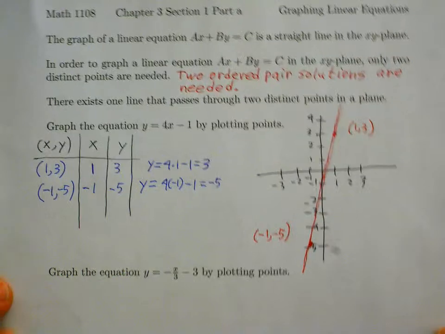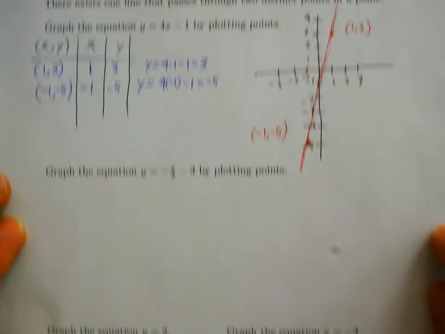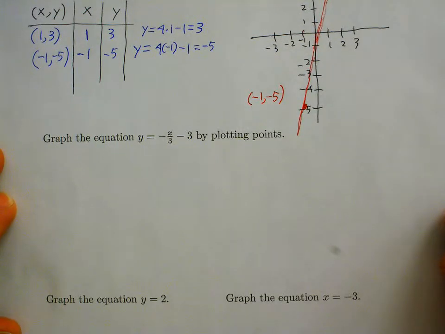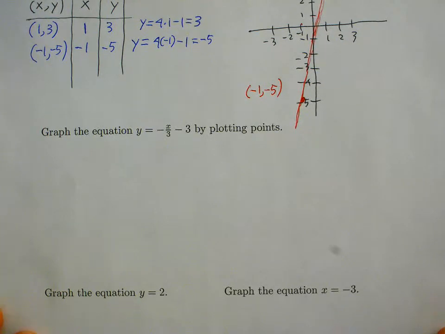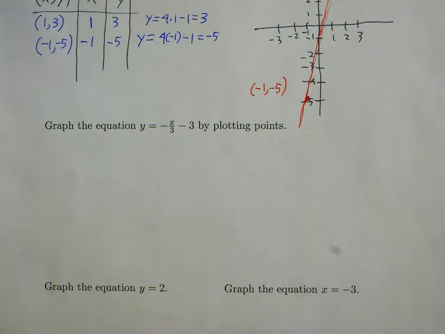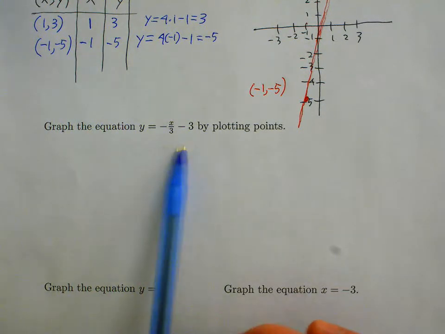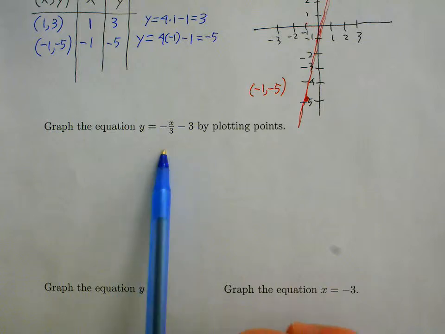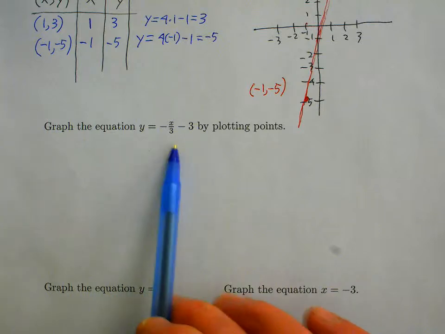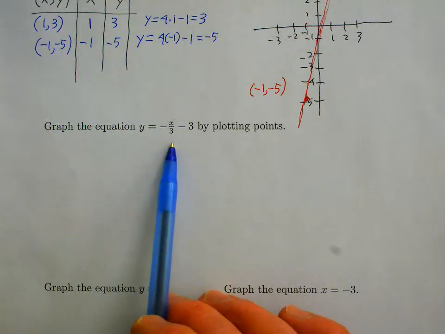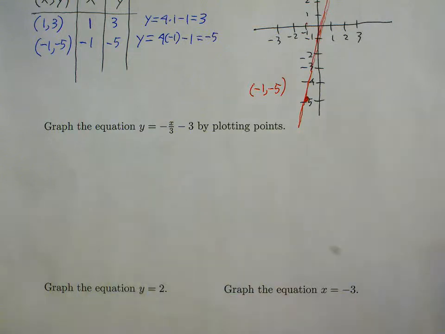Here, the next example of a linear equation, y equals -x/3 minus 3. I'll use this example to show you how you can pick x coordinates that will make the arithmetic a little bit easier.